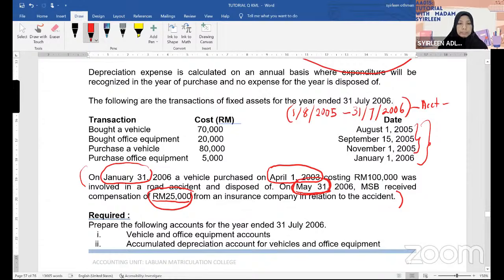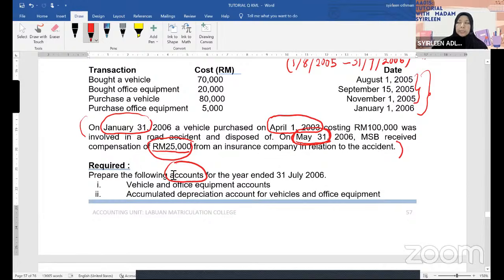Alright, so we want to prepare the accounts, which means we do ledgers. I will show you the journal first. You don't need to do the journals, you can straight away do the ledgers. But just for you to get a better understanding, I'll show you the journal as well. So we will make the accounts for vehicle and office equipment and also their accumulated depreciation.